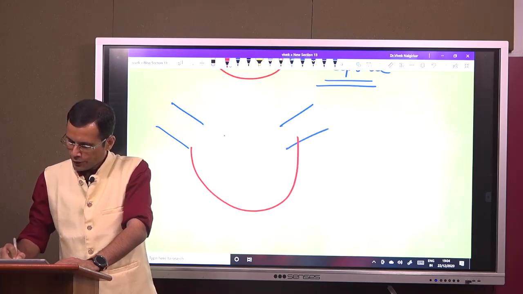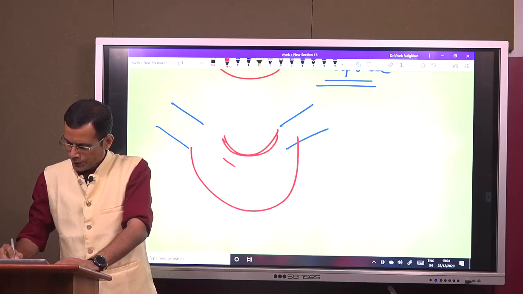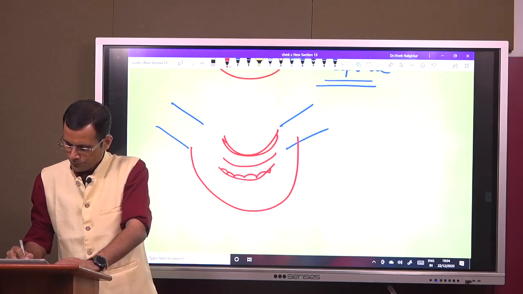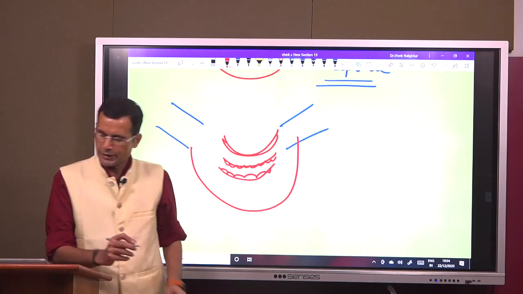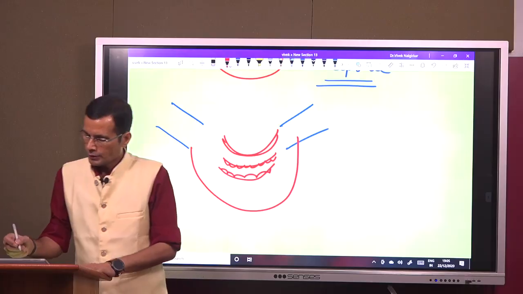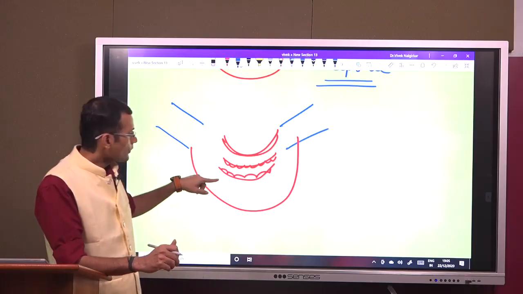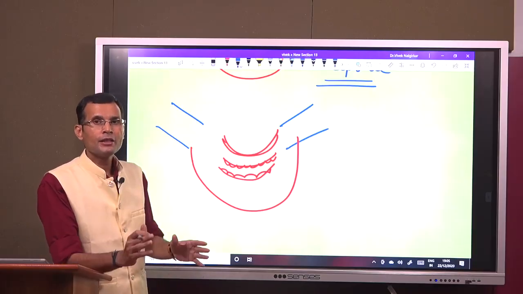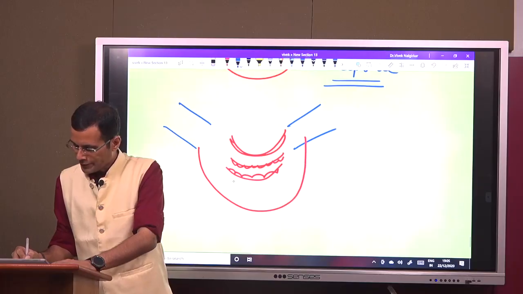Here is a glomerulus. Here is a glomerular capillary. Again, a diagrammatic representation. Outside these capillaries, there are epithelial cells which are called podocytes.